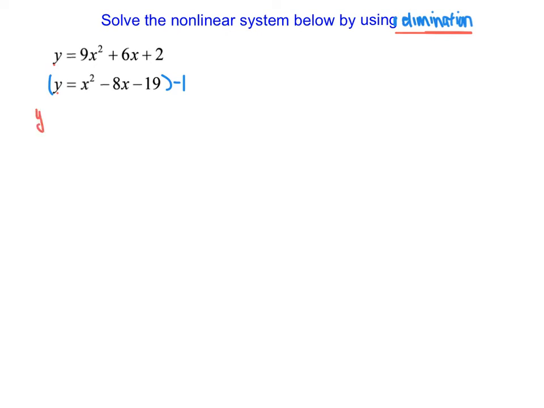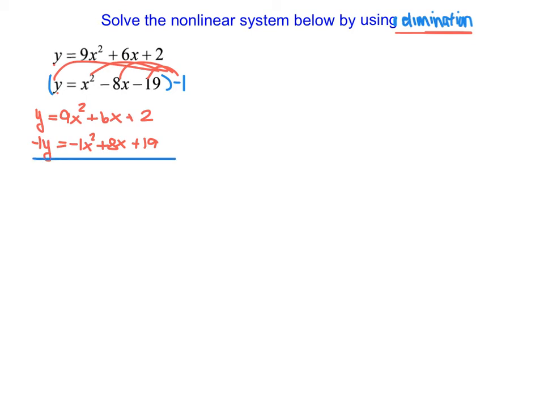That stays y equals 9x squared plus 6x plus 2. But I'm multiplying that second equation through by negative 1, so I have negative 1y equals negative 1x squared plus 8x plus 19. Notice I multiplied everything in here by that negative 1. By doing so, I kept the integrity of the equation, but I've now set this up to utilize elimination.